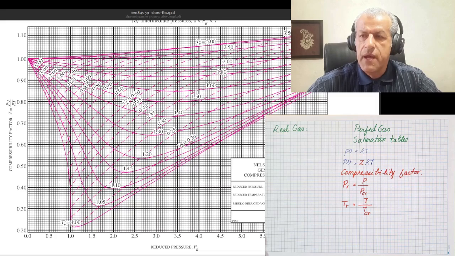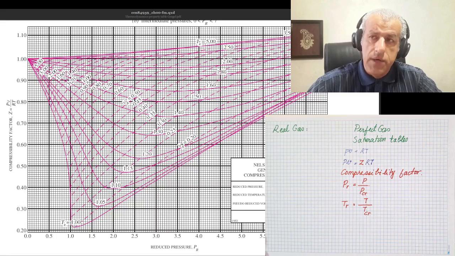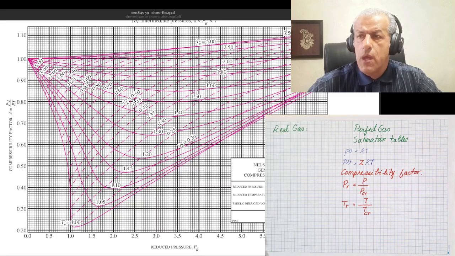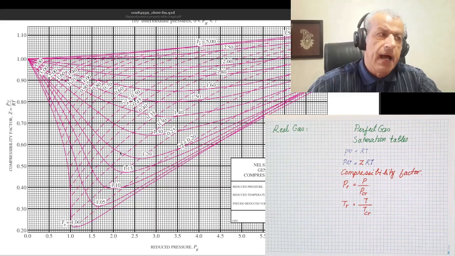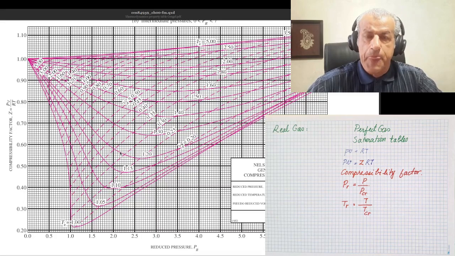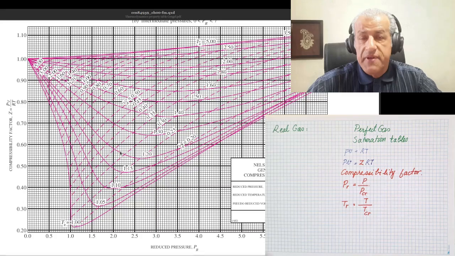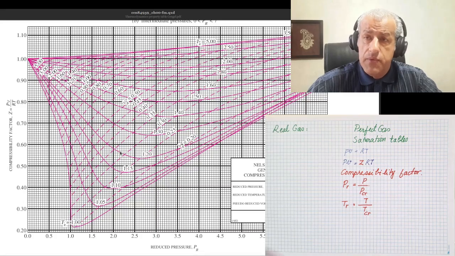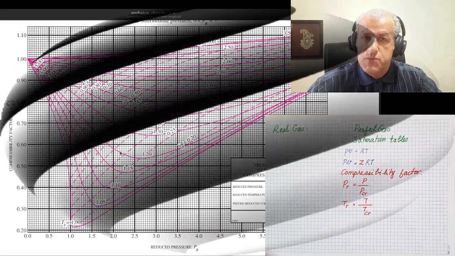You see that where PR and TR are both 1 is the critical point. So this chart basically helps us read Z and learn how to correct our perfect gas law. With this chart, we are able to use PV equals ZRT.